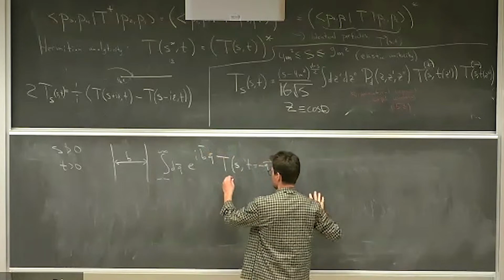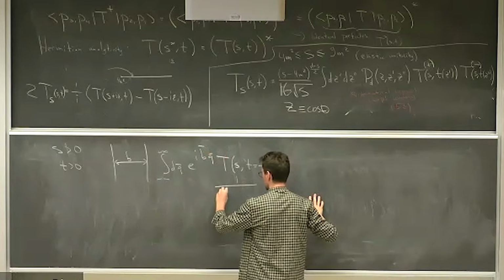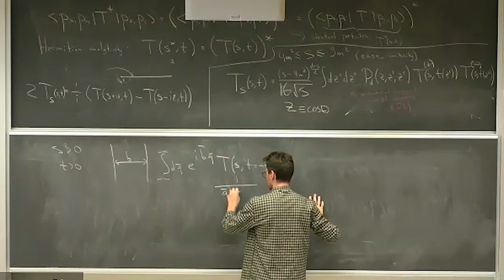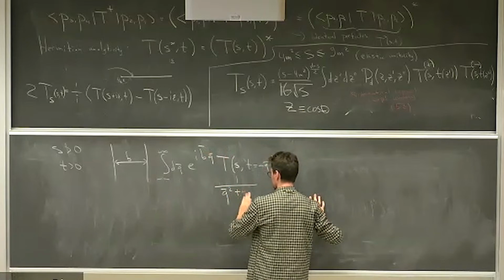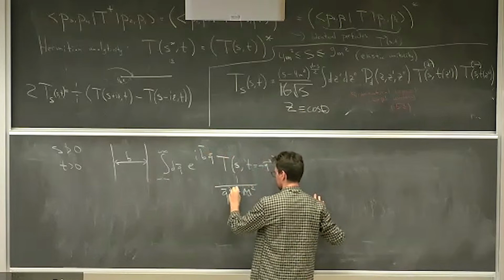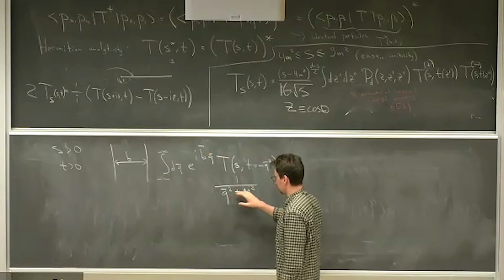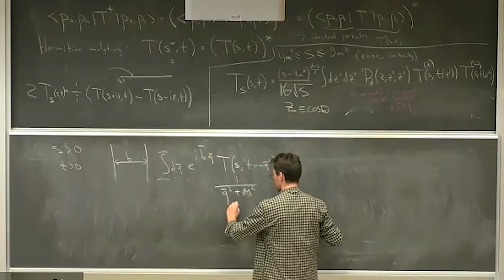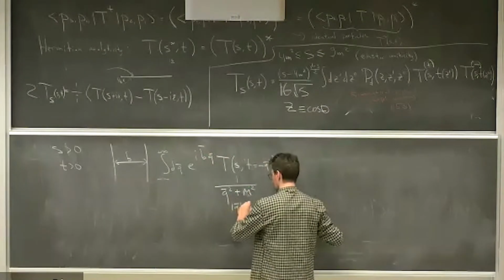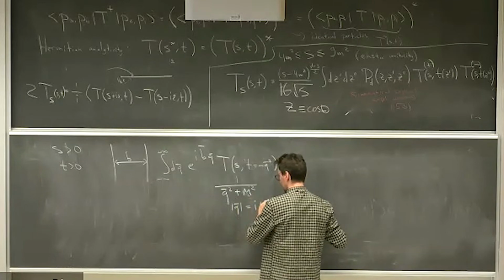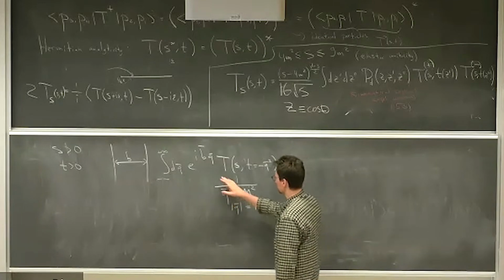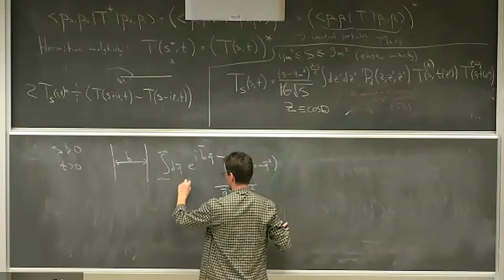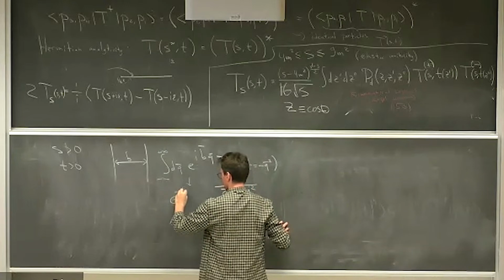For example, you can imagine that you have a massive exchange. This is just a propagator, 1 over t minus m squared, right? You see that this has a pole at q equal to i m, and this pole gives a Yukawa potential. It gives e to the minus m b.